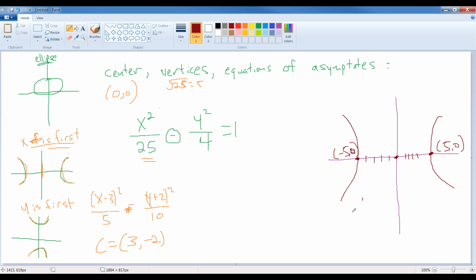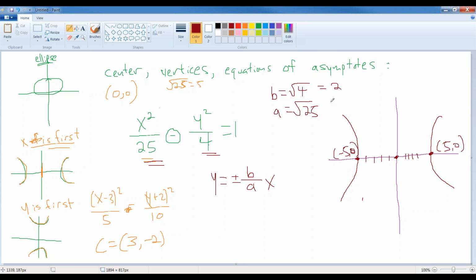Now, the equations of the asymptotes are a little bit more complex. The equations of the asymptotes are y equals, really plus or minus, b over a times x. b is whatever the square root of this is, and a is whatever the square root of that is. So b in this case would be the square root of 4, and a would be the square root of 25. I obviously gave you ones that are perfect squares.